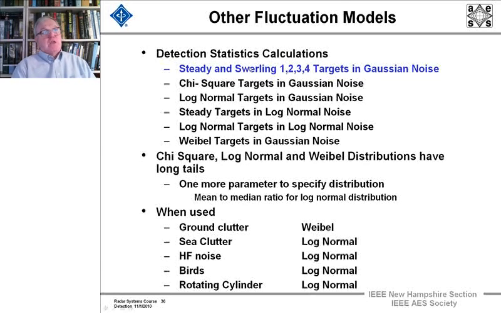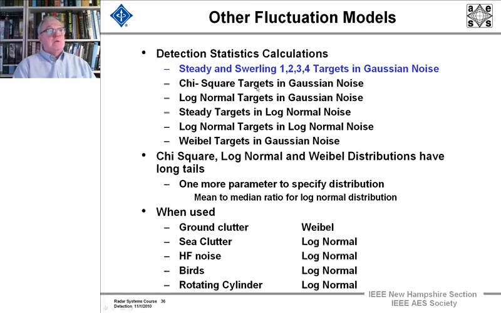Not just for the steady targets and the swirling target. The steady target's either called a Marcum target, swirling class 0, or a steady target. Marcum did these first calculations, and Peter Swerling did them for these classes of fluctuations. Then these calculations have been done by many different people.